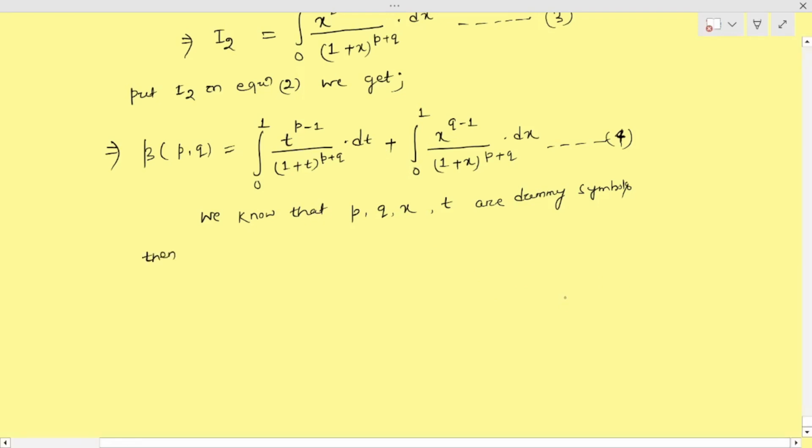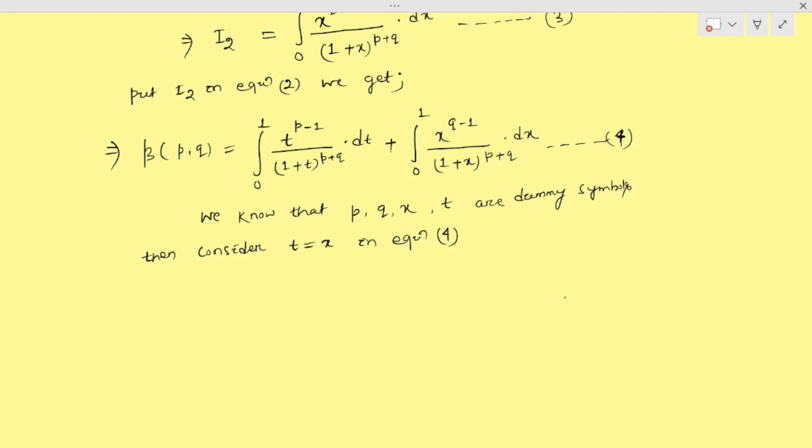So if t equal to x, that implies dt can be substituted as dx.